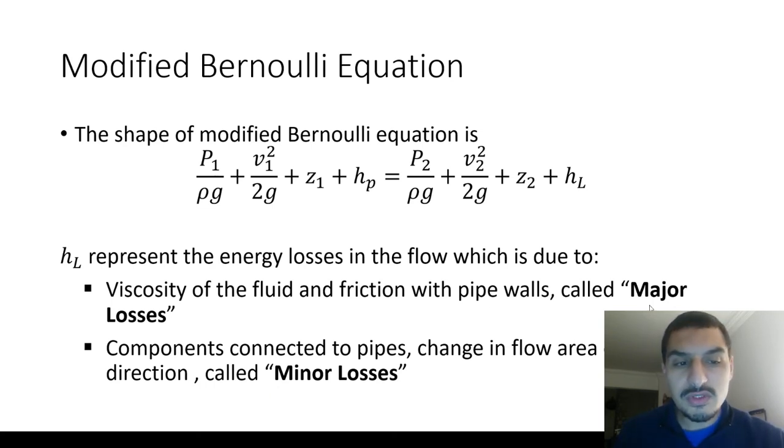We call it major because this is the type of losses that's going to be there in all the pipe flow, because you will always have friction between the fluid and the walls of the pipe. But in many cases, you will have just a pipe without any minor losses, without any change in direction or change in the area of the flow and all these things. And that's why this is not always there, and that's why you call it minor losses.